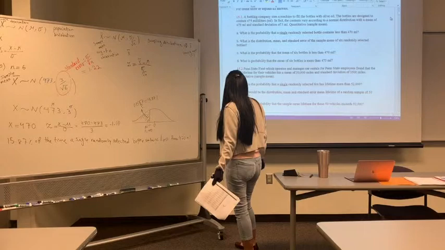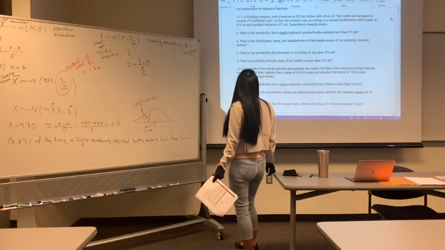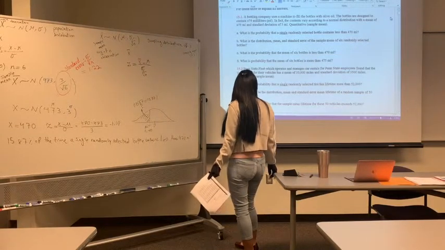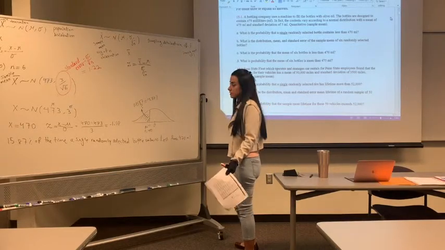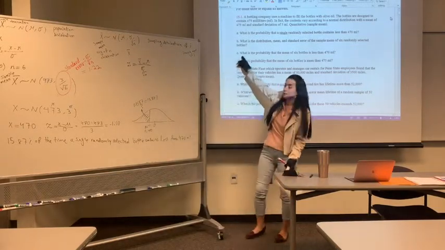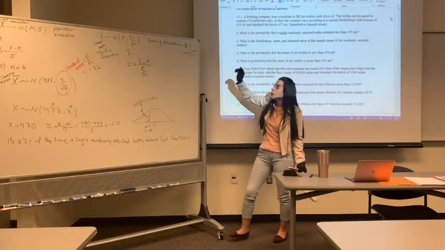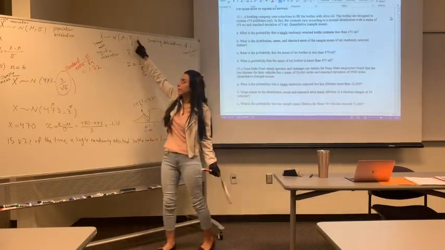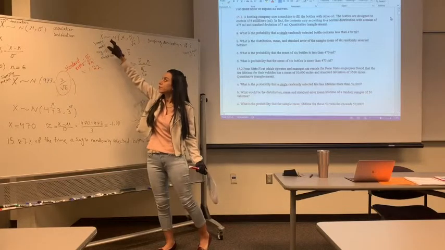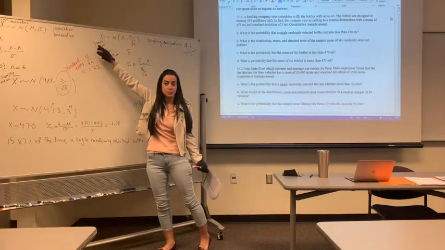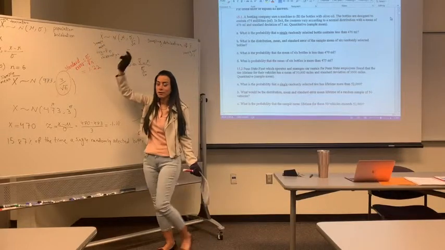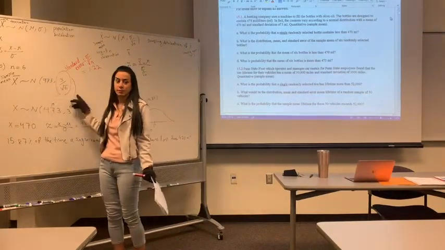Part C says, what is the probability that the mean of 6 bottles is less than 470? To solve this problem, we should use the information we have. First, we should know the distribution of xbar, because xbar is the mean of 6 bottles, correct? And we already found this in the previous step.